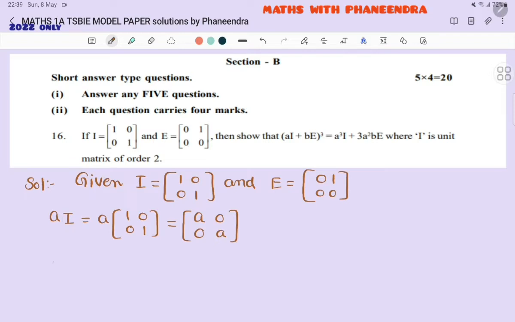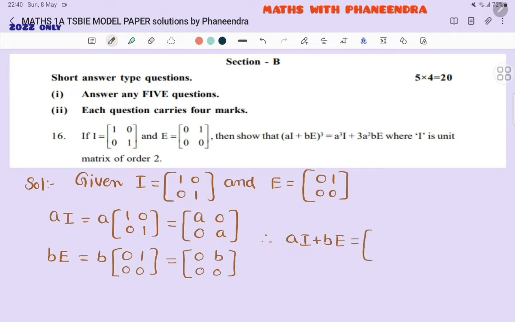Next BE, so small b into E value 0100, that is equal to 0B00. After getting these values, you need to calculate AI plus BE first.